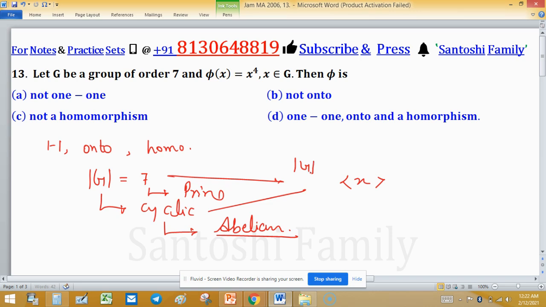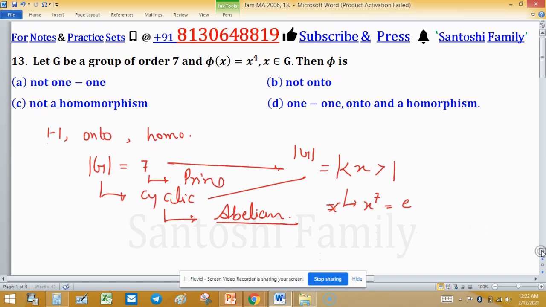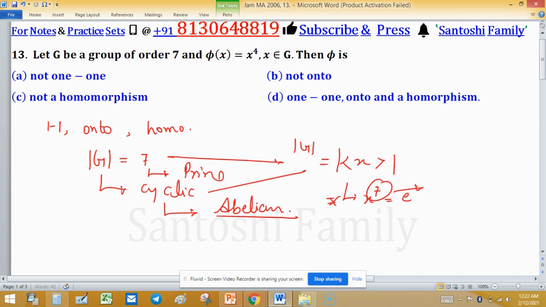So the order of G will equal the order of its generator, and the generator gives x raised to the power 7 equal to E. This is the property of a generator, and this is the least positive integral power for which we get E.